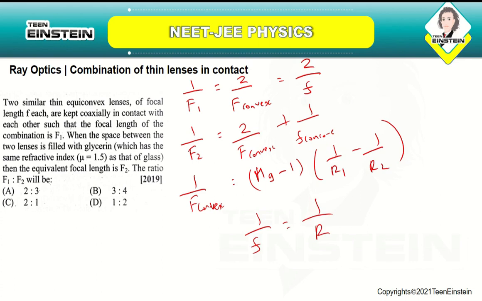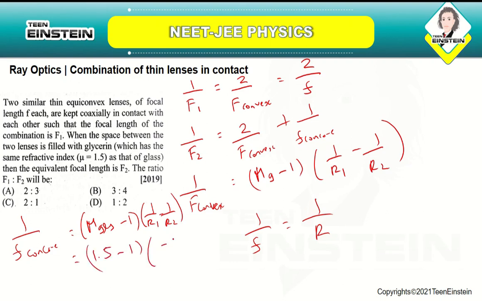Now you are having glycerin in between, so you will be able to find out 1 by f concave, which is equal to (mu glycerin minus 1) into (1 by r1 minus 1 by r2). Here mu glycerin is the same refractive index, 1.5 minus 1, into minus 2 by r. If you solve this, you will be getting minus 1 by r. So we have got 1 by f as 1 by r and 1 by f concave as minus 1 by r.